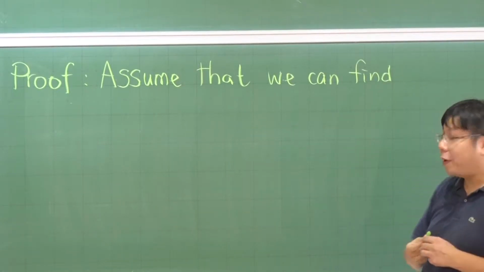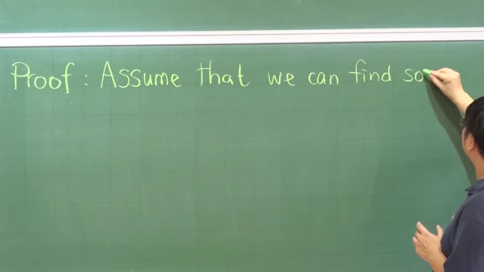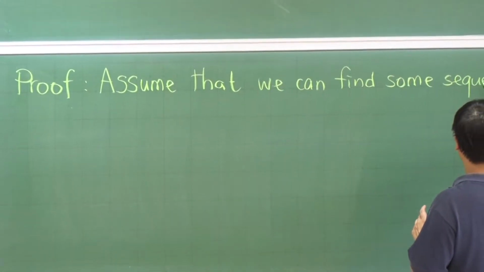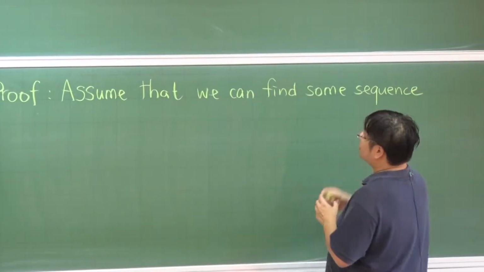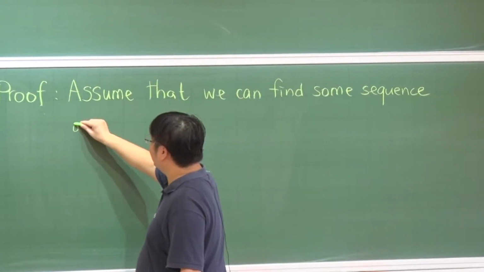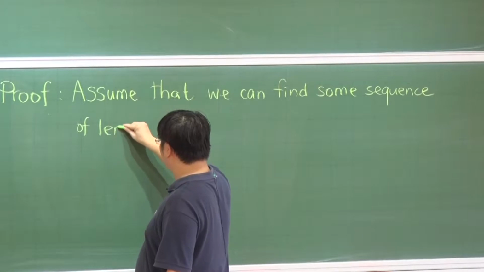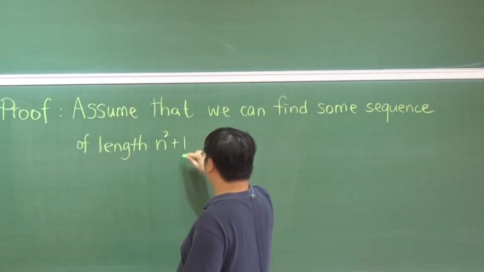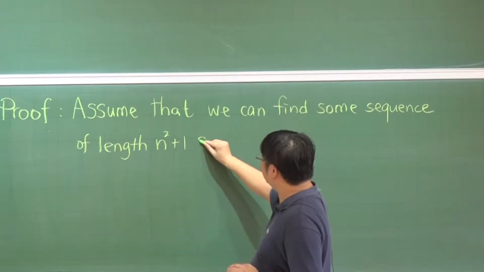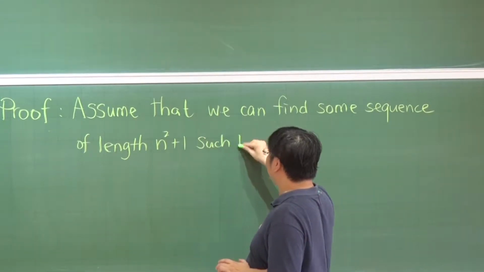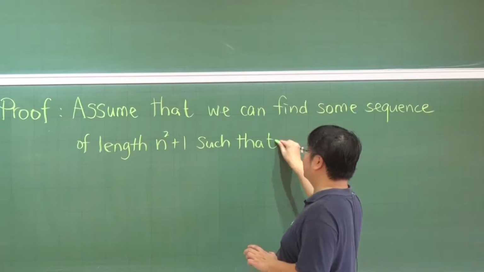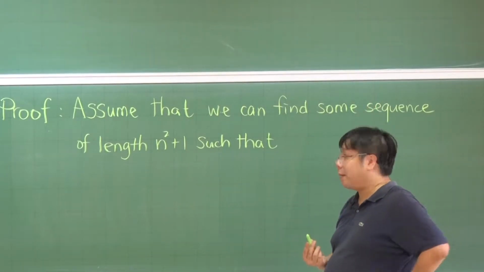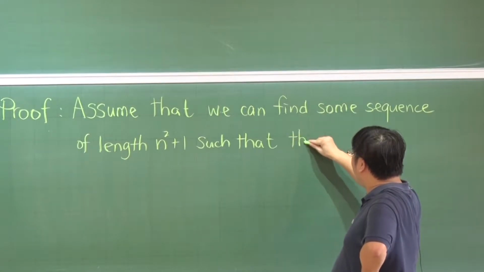Assume that we can find some sequence of length n squared plus 1 such that there is no increasing or decreasing subsequence of length n plus 1.